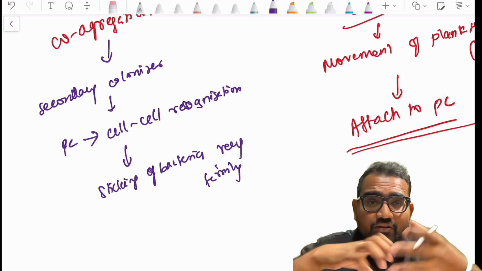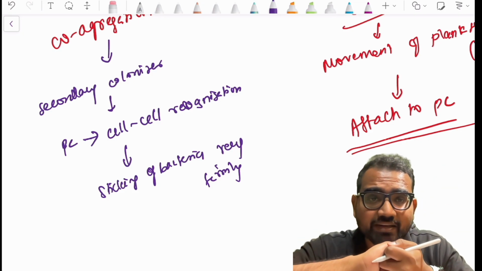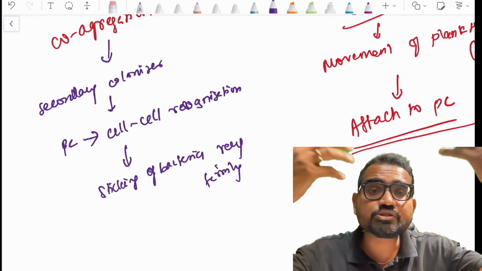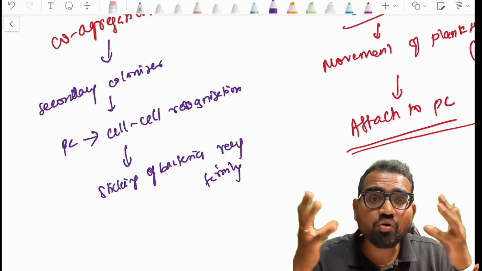After sitting, they hold the hands of the other bacteria firmly. That cell-to-cell recognition of a genetically different species is called co-aggregation.